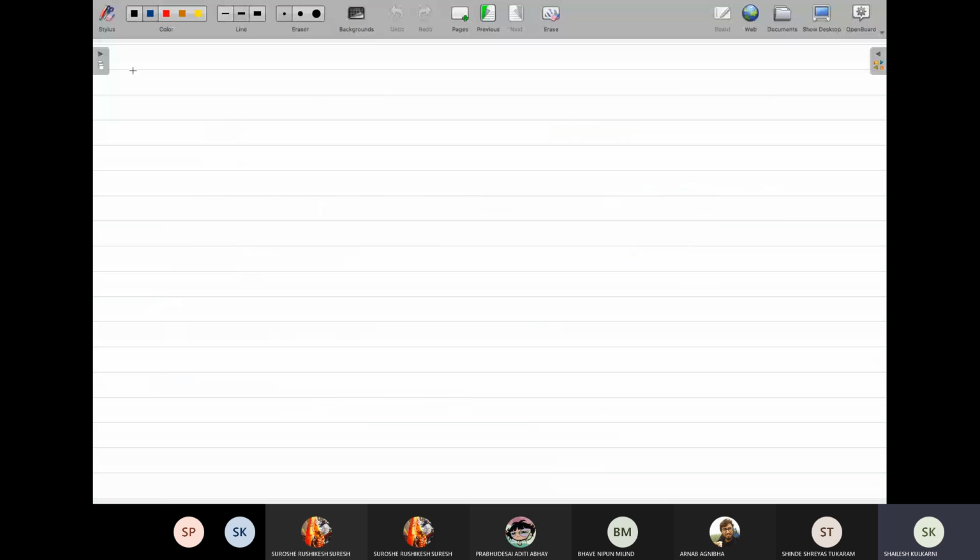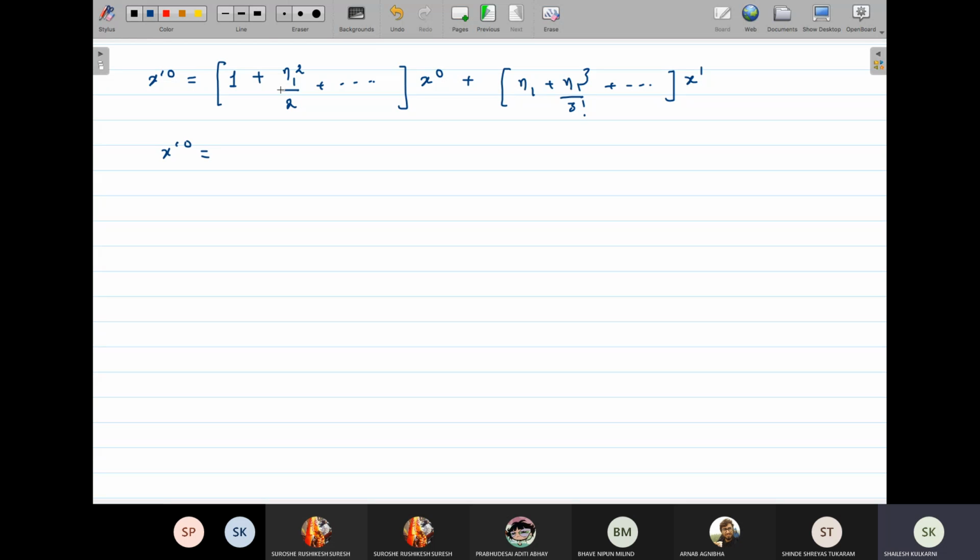If you do that, you will get x prime 0 equal to the expansion of cosh, which is 1 plus eta 1 squared by 2, dot dot dot, times x0, plus sinh, which is eta 1 plus eta 1 cubed divided by 3 factorial, dot dot dot, times x1. So at leading order, keeping the linear order in eta 1, it will be 1 times x0, neglecting this part, plus eta 1 x1.